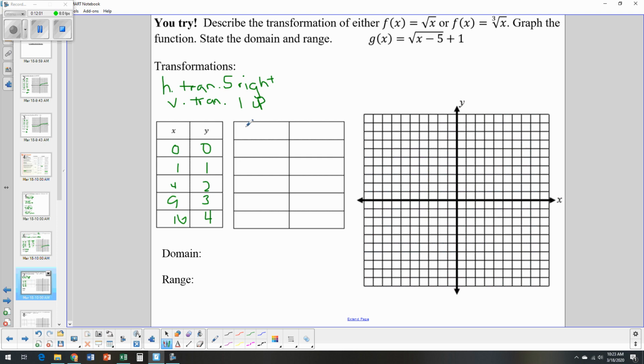We're going to put our transformations. So that's going to give us here 5, 6, 9, 14, 21. We're obviously not going to graph these last two. So we have 5, 1, 6, 2, and 9, 3.